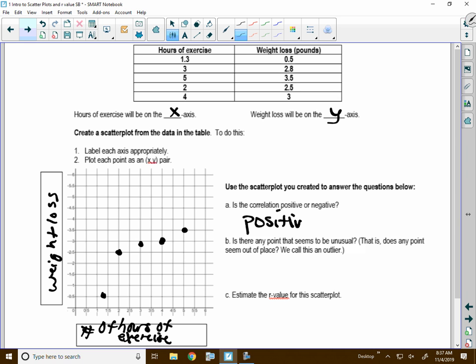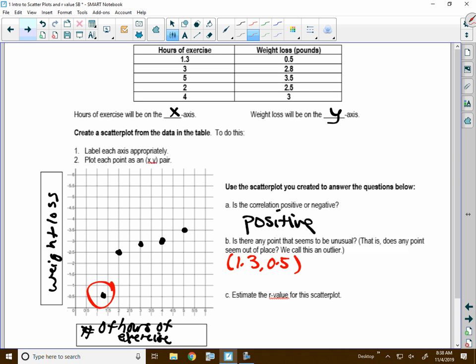If we look from left to right, it definitely is going upward, so it's positive. Okay, is there a point that seems unusual? Yes. It's this guy right here. Okay, so that was our 1.3, 0.5? Okay, we call this an outlier. It's called an outlier.